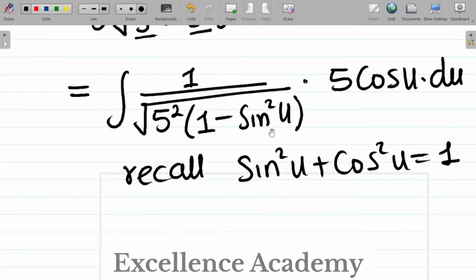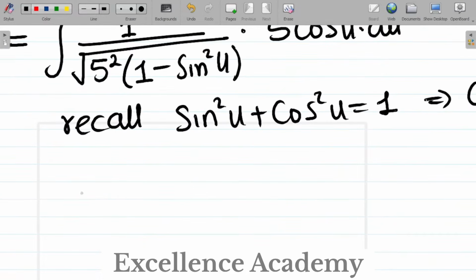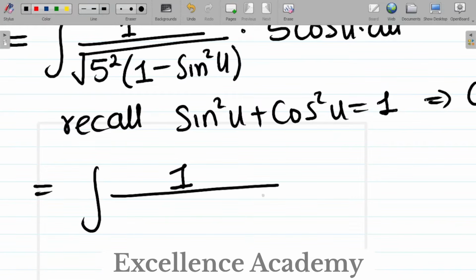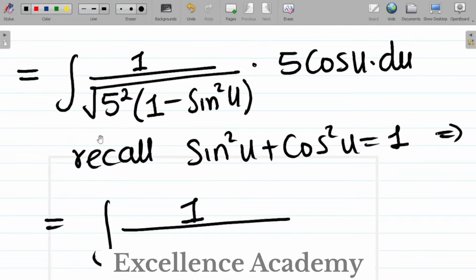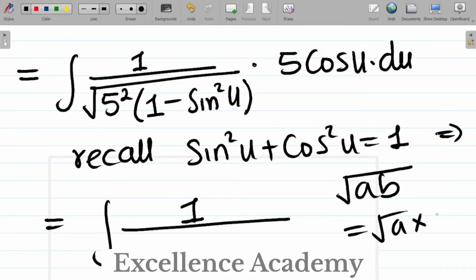Now, how does that affect our solving here? This will be equal to the integral of 1 all over, and if I have a square root term such as root ab, this can be broken down as root a times root b.